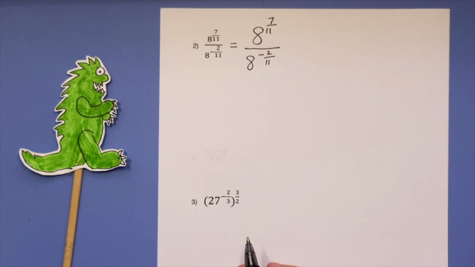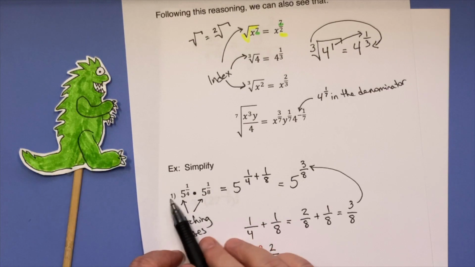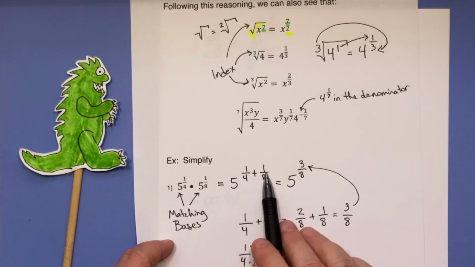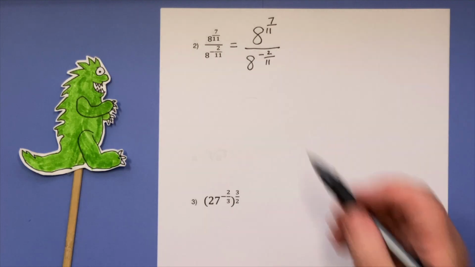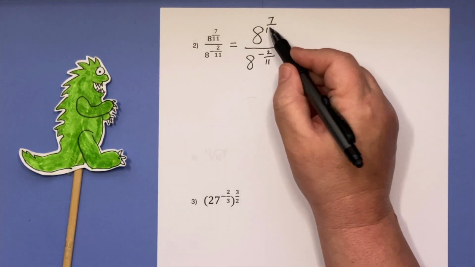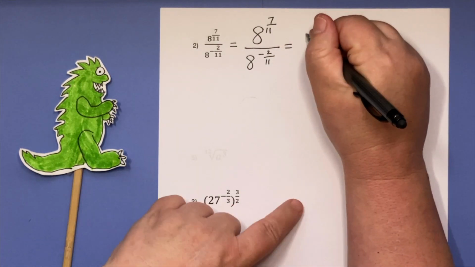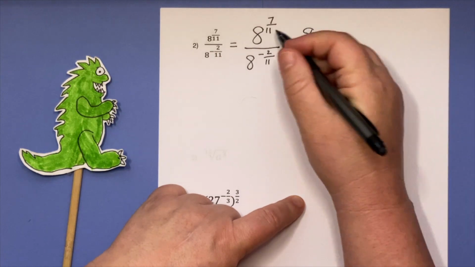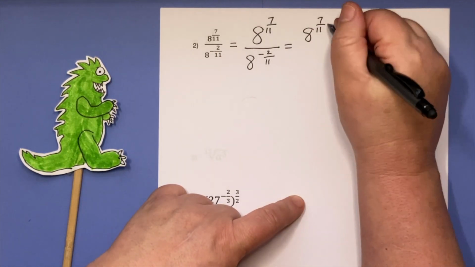Now, remember, the rule is that when we're multiplying these two expressions, we add the exponents. In this case, we are going to subtract because we're dividing. And remember that the way we do it is I'm going to start with the 7/11ths, and I'm going to subtract.